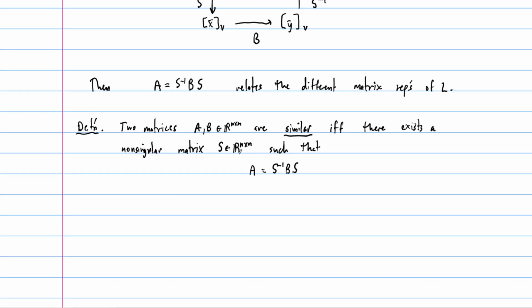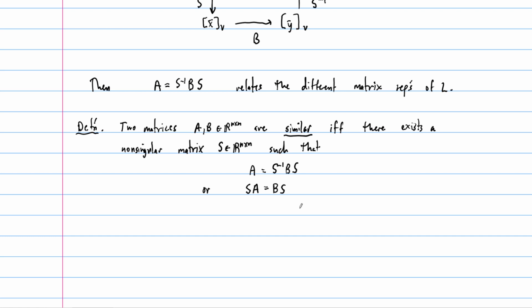Notice that there is another way we could write this. If S is non-singular, then multiplying by S on the left, sometimes you'll see similarity defined by the equation S times A equals B times S. So left multiplication by one matrix is equal to right multiplication by the other.